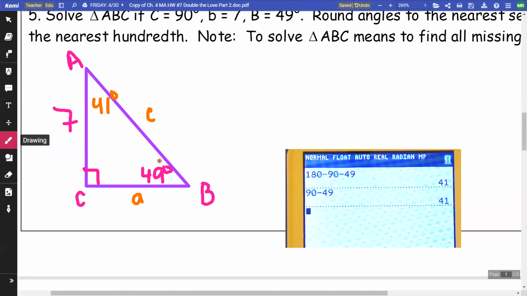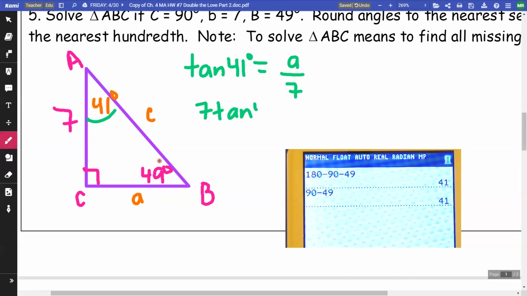Okay, I'll do this in green. Because if I use the 41 degrees, I can do tangent of 41 is equal to opposite over adjacent. And then I can have 7 tan 41 is equal to A. And that's in degrees.